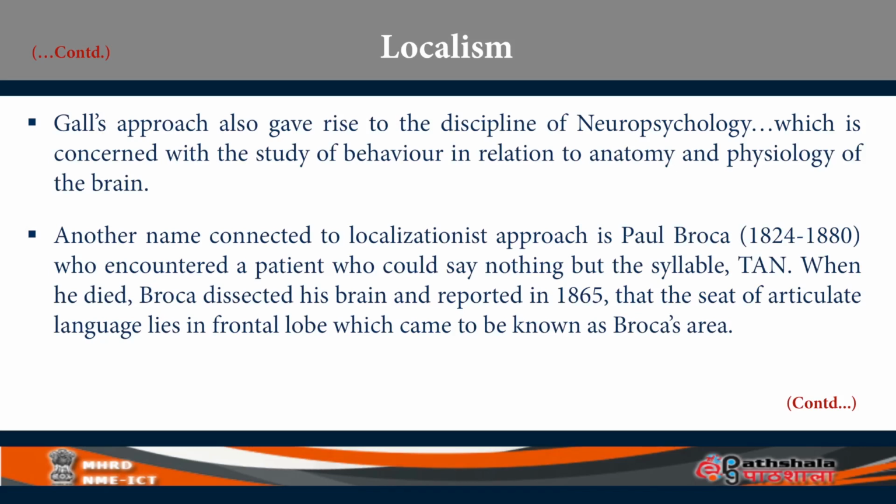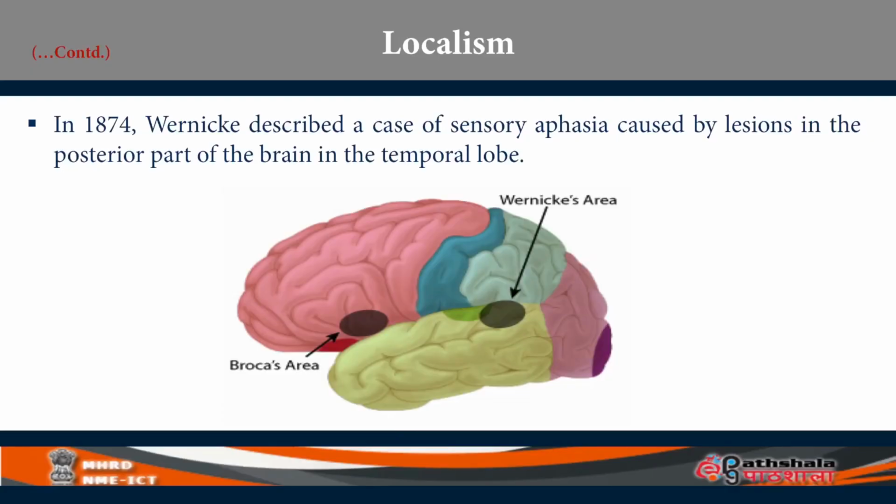And so Broca said that that particular area, which is the third frontal convolution in the left hemisphere, is the seat of articulate language, and therefore the third frontal convolution came to be known as Broca's area. Let's look at the picture of the brain, left hemisphere. Notice there is an arrow pointing to Broca's area.